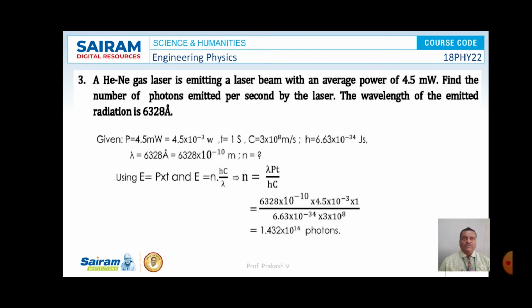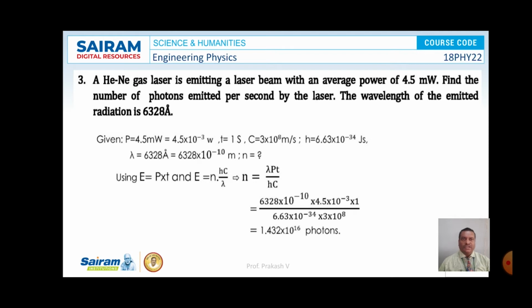The third one: a helium neon gas laser is emitting a laser beam with an average power of 4.5 milliwatts. Find the number of photons emitted per second by the laser. The wavelength of the emitted radiation is 6328 angstrom.